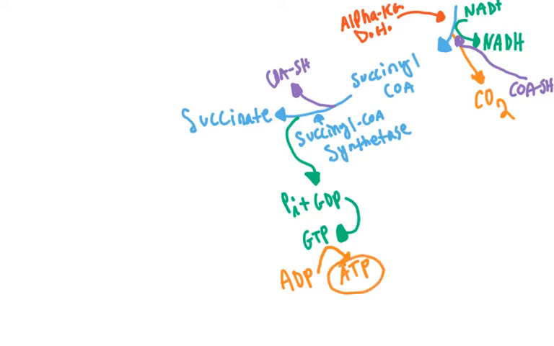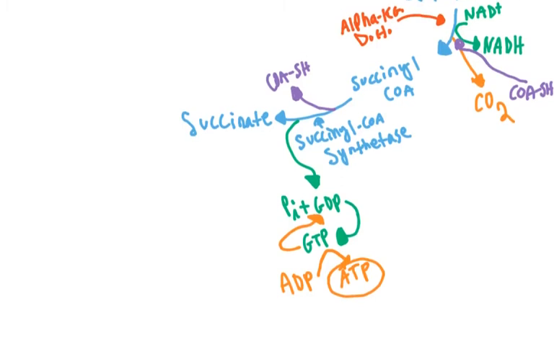We just made some ATP, and once the ADP snags a phosphate from the GTP, that means the GTP again loses a phosphate, so it goes back to GDP, right? So let's go and draw that out. So it goes back to GDP, and this is kind of like a little mini cycle. All right, so that's substrate level phosphorylation right here.